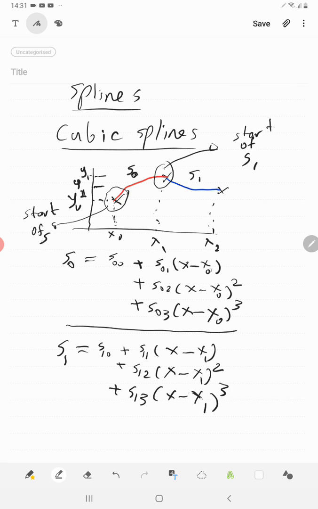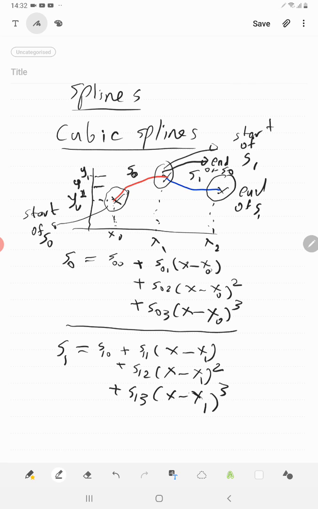This one is the end of S1, while the middle one is the end of S0, but it is the start of S1.